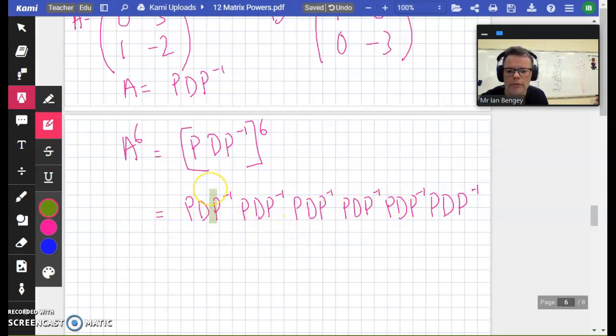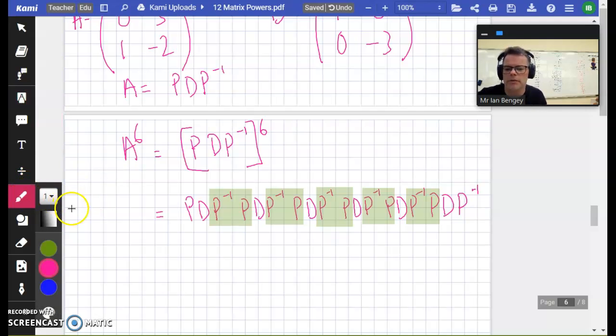We know that inverse of P times P, inverse of P times P, and so on, well, all of that is the identity matrix. Each one of those is the identity matrix. So that's identity.